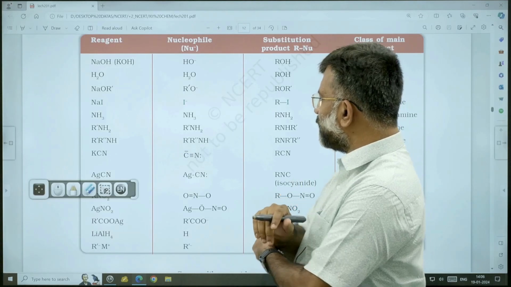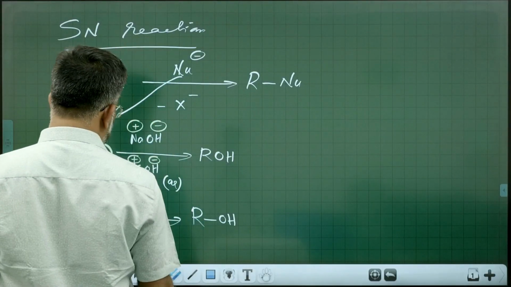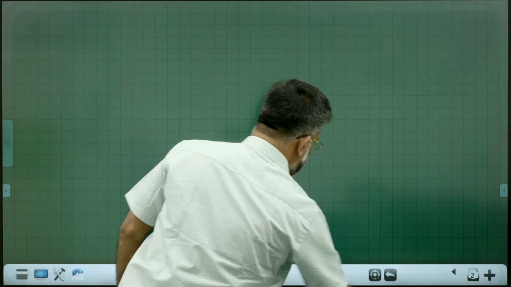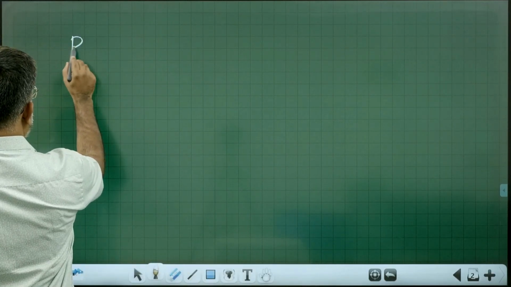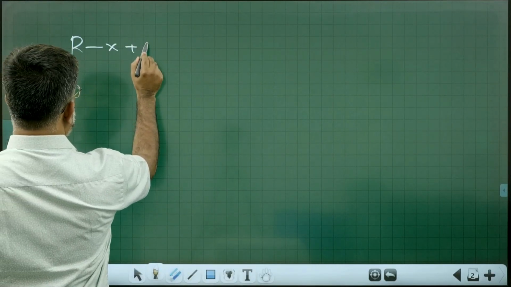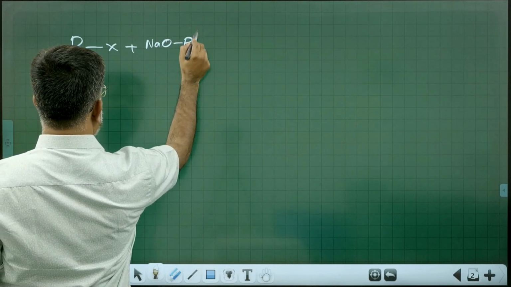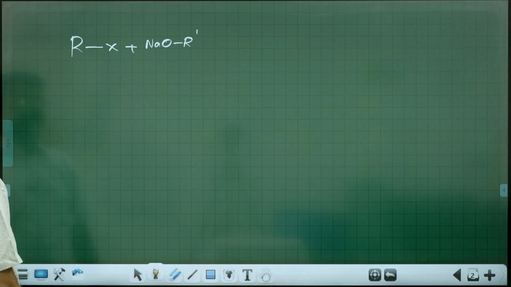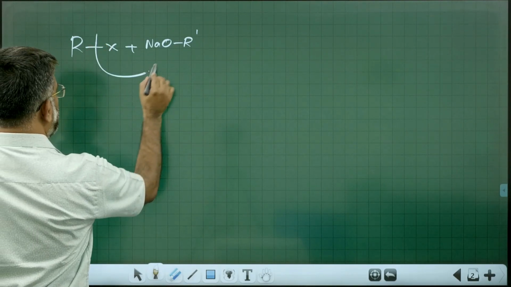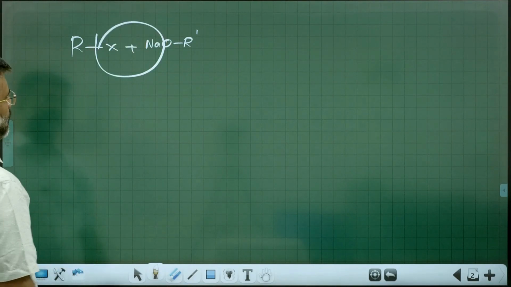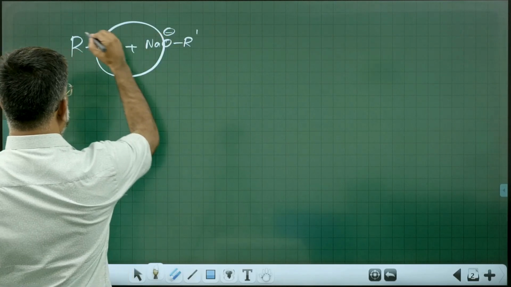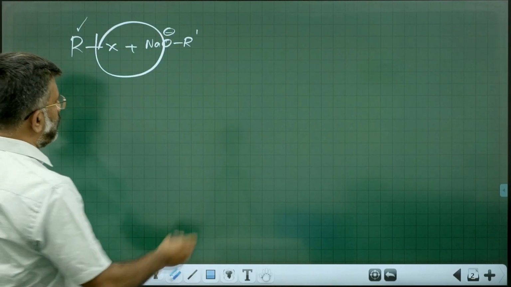Third one, hope you remember, a very popular reaction. An alkyl halide treated with sodium alkoxide. NaX goes out, and this RO minus attacks the electrophilic center.